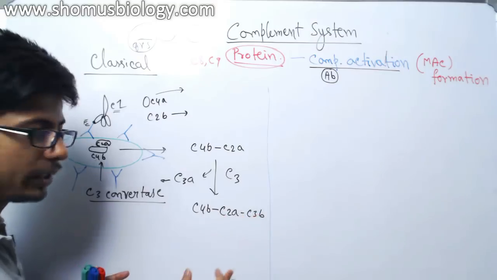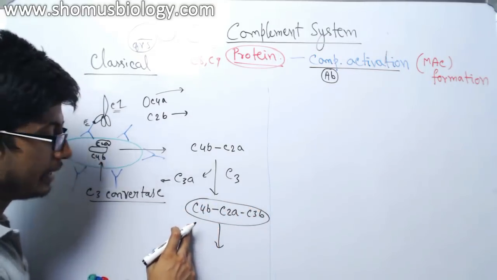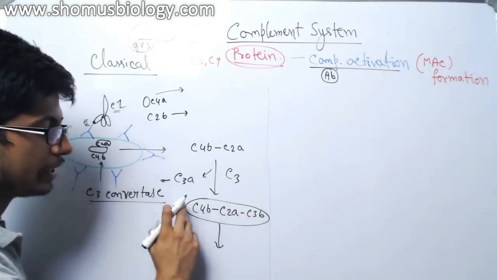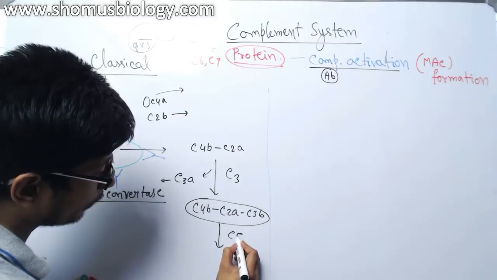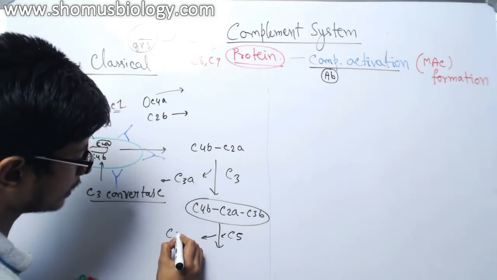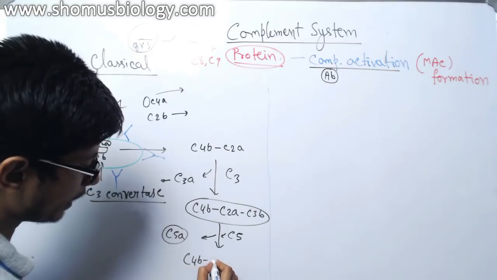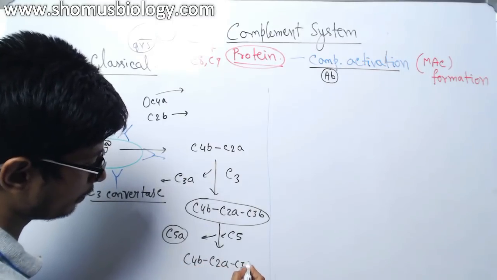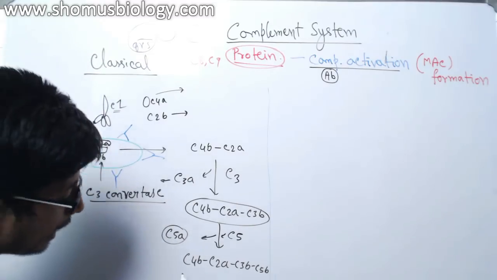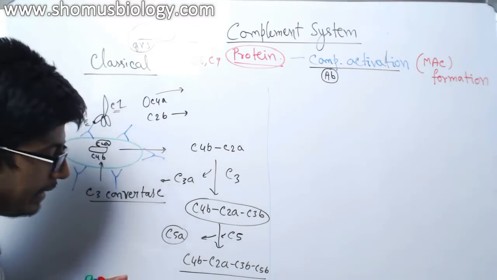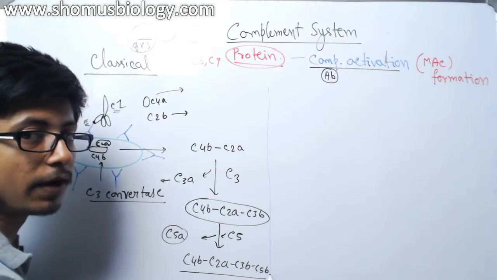See how it's going? This complex together, C4b, C2a and C3b, is known as C5 convertase. Now C5 is taken, and again C5a is released outside and C5b is associated. So ultimately, the complex we formed at the end is C4b, C2a, C3b and C5b.